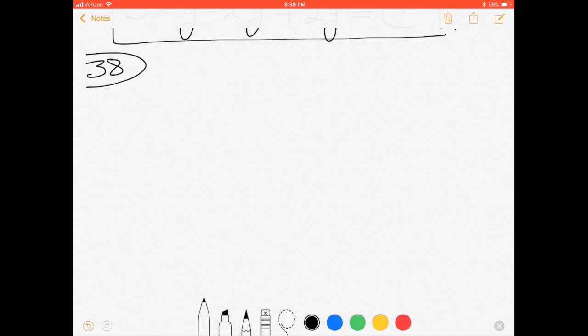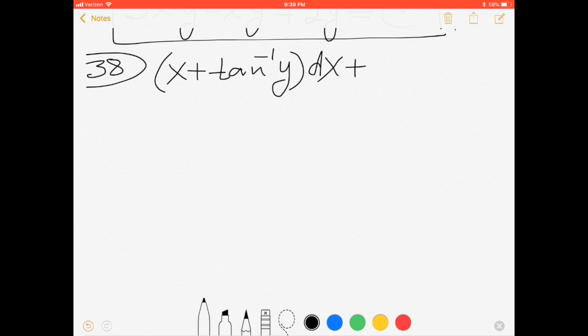Here we have x plus tangent inverse of y, dx, plus x plus y over 1 plus y squared, dy, equals 0.